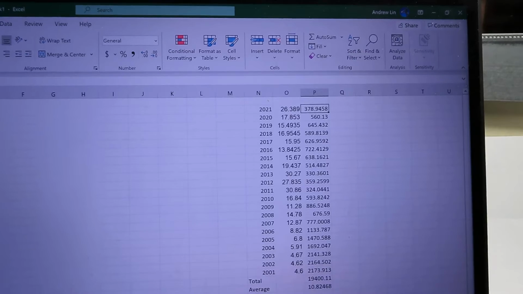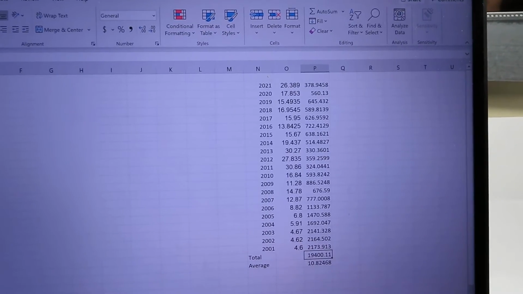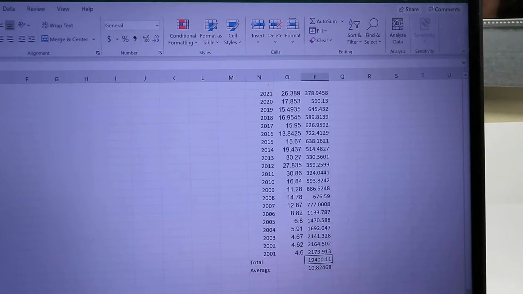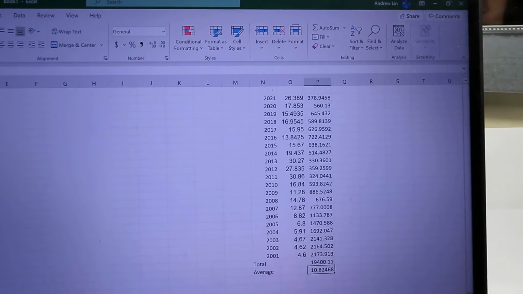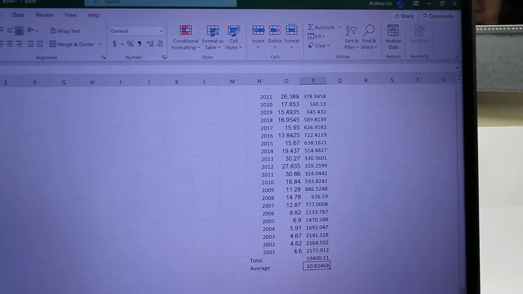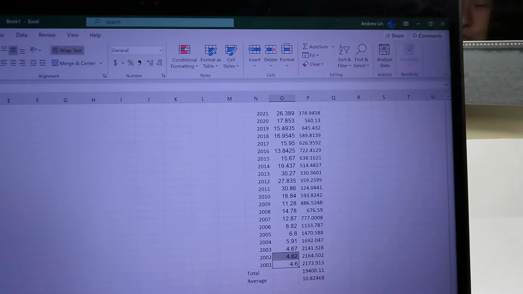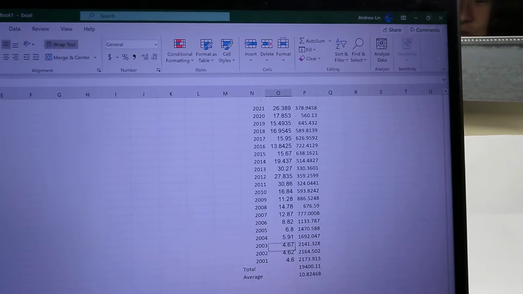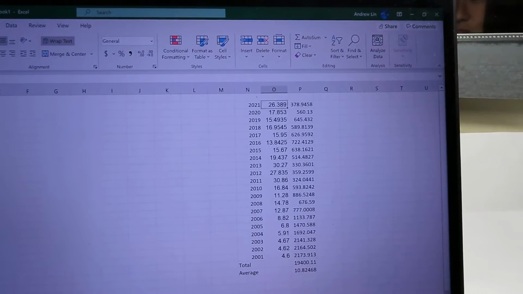In 2021, you would have bought 378. In total, today, you would have 19,400 ounces of silver at an average cost of $10.82 an ounce. So right off the bat, you can see you're not doing too bad by dollar cost averaging, right? Because you bought a lot more silver back here than you did either in 2011 or in 2021.